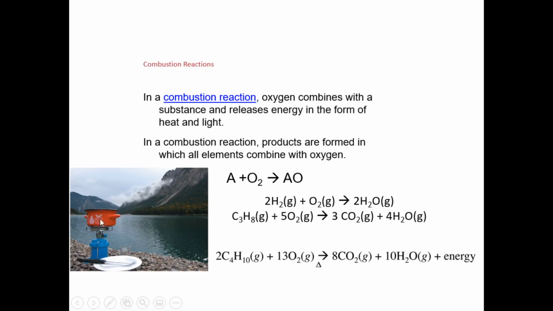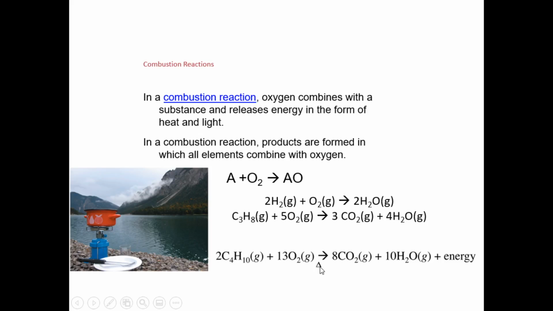And so here on the left, I have a propane burner. Someone's camping next to a lake. This looks like Glacier National Park in Montana, but I don't know that for sure. Here is propane, C4H10. We're combining it with oxygen, and then we're adding an ignition source.